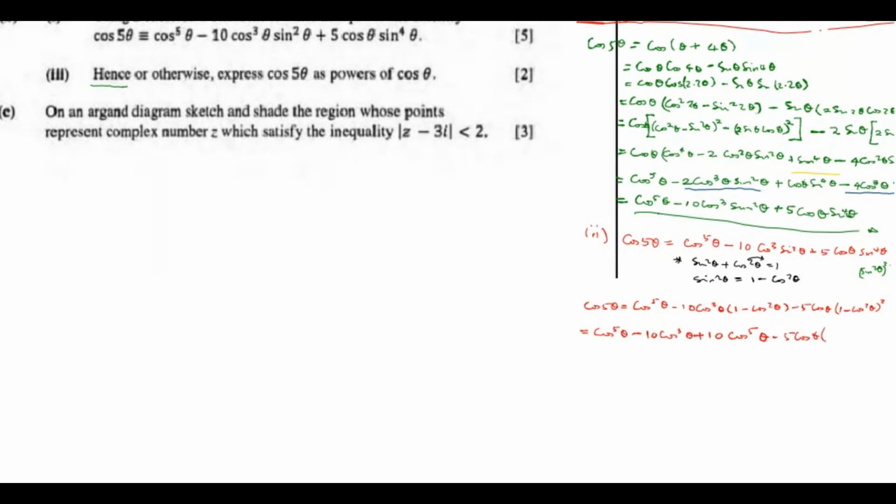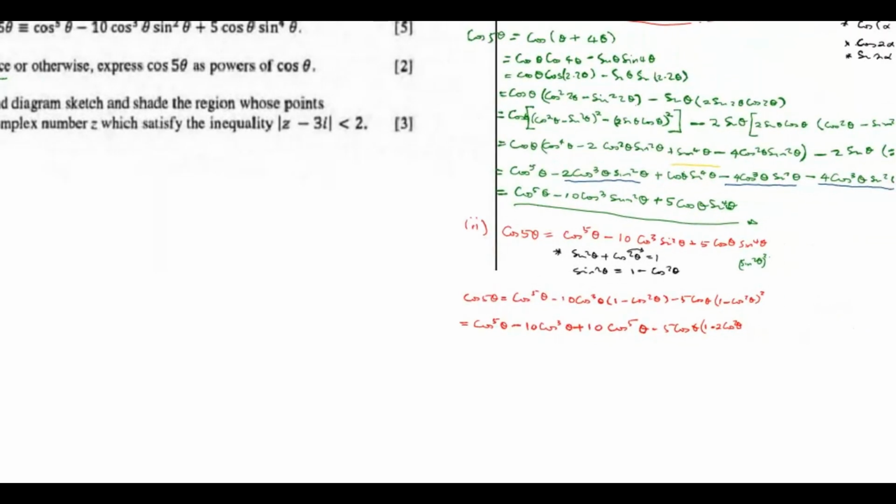Let's try to... minus 2 cos squared theta plus cos to the power 4 theta.